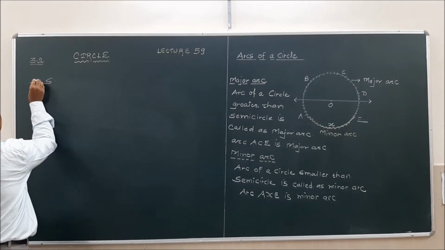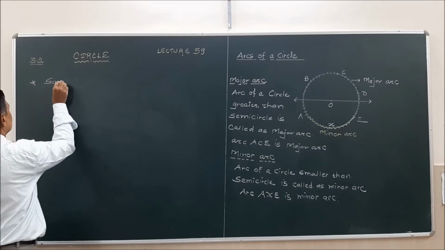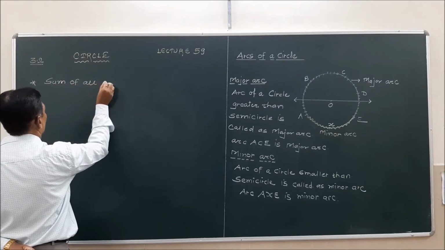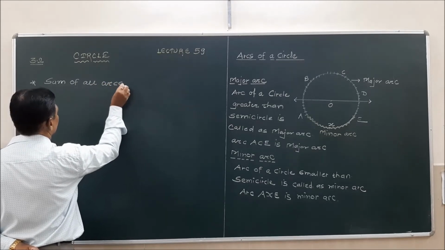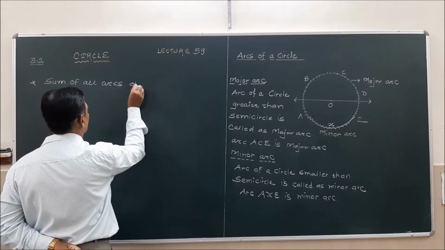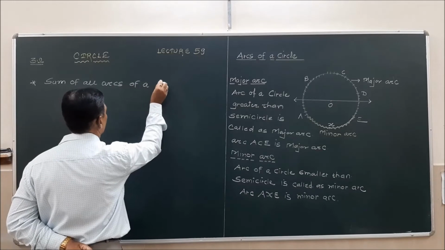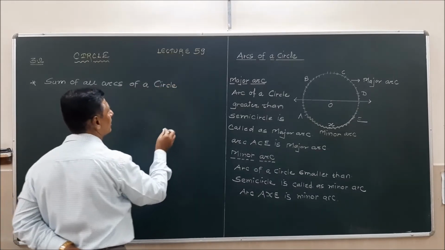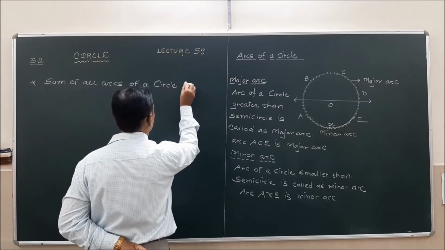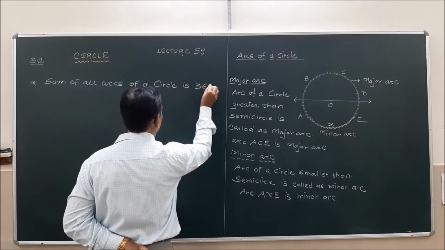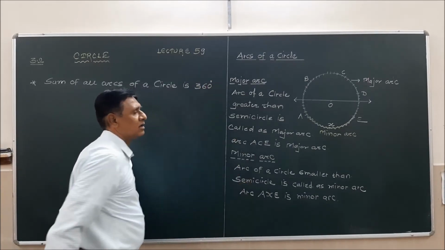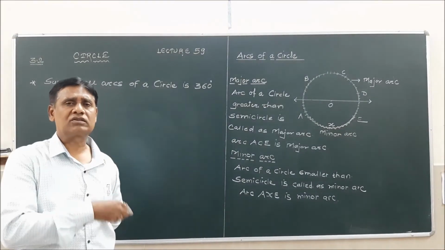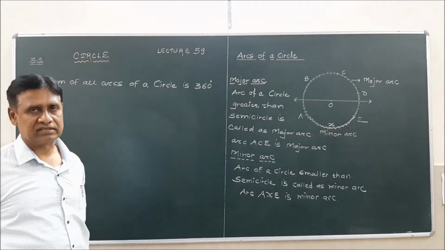Next concept is sum of all arcs of a circle. Sum means addition of all arcs of a circle is always 360.